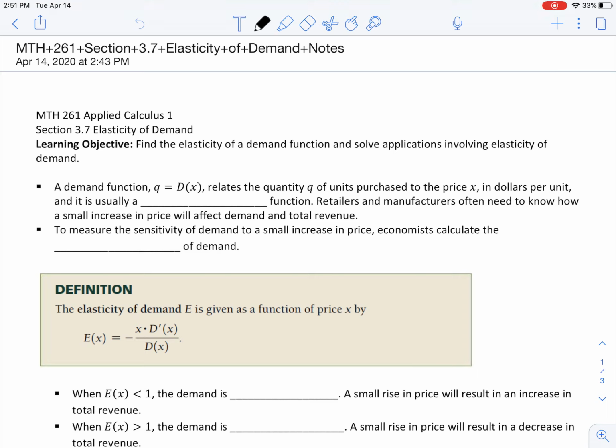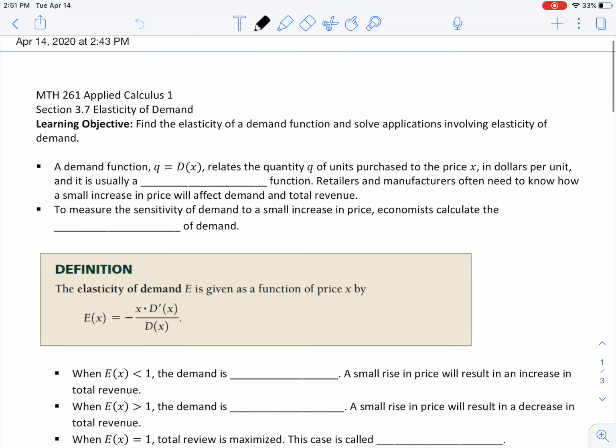But say a burrito price is going up a lot, then fewer and fewer people will want to buy those burritos. So usually these demand functions are decreasing functions, because the higher the price, the less demand usually, right?